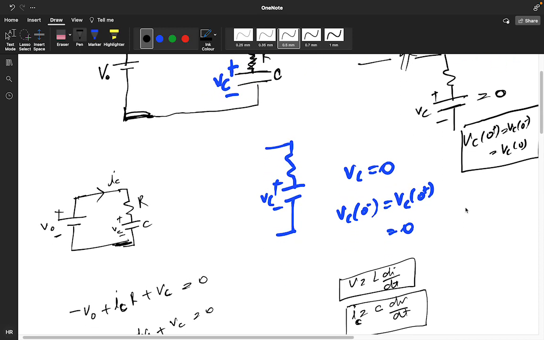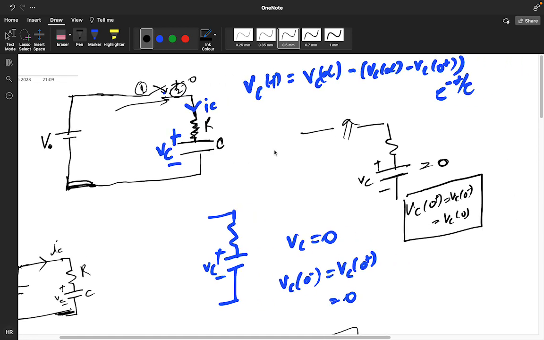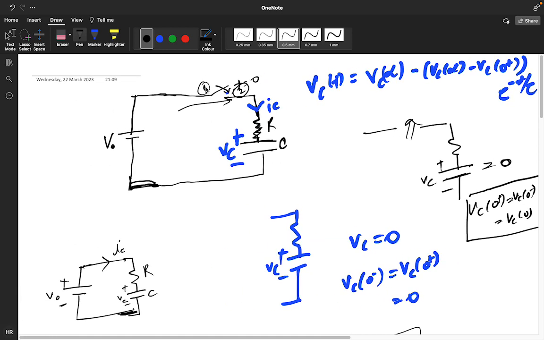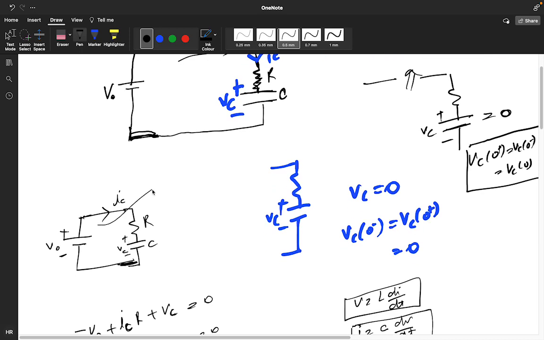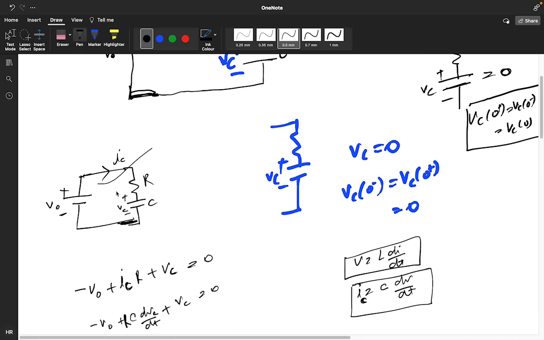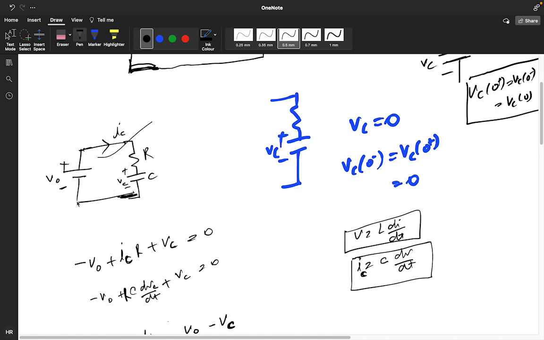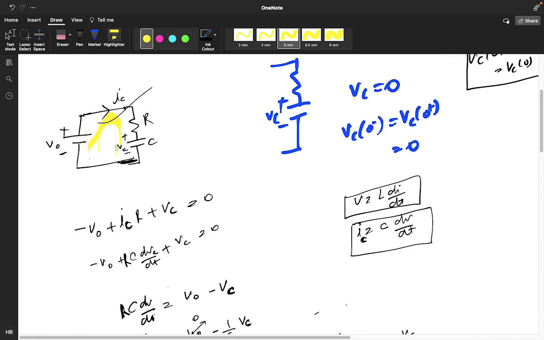Now when we connect this switch at 0 plus, our circuit will be like this, correct? Now I formed a KVL. In the KVL, minus V naught plus Ic into R plus Vc.